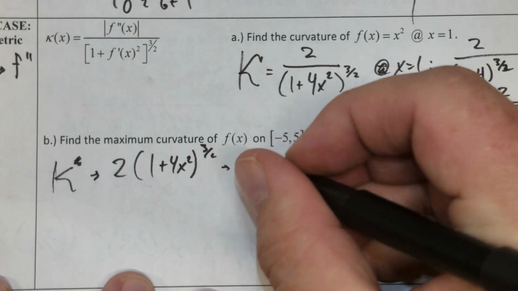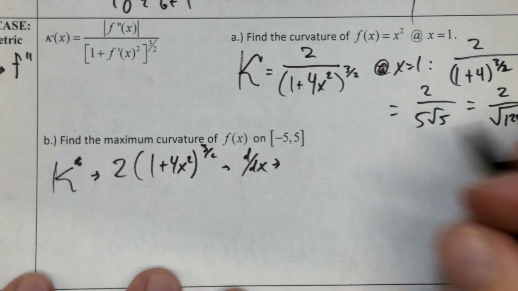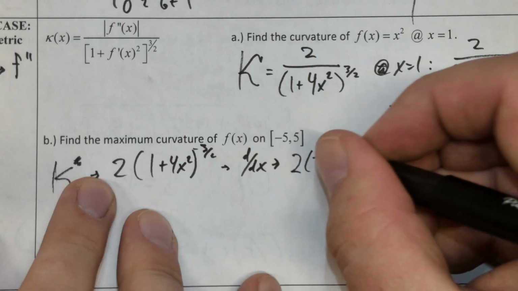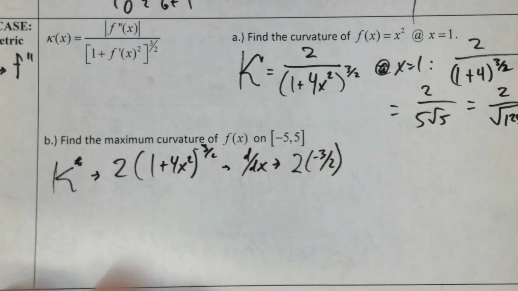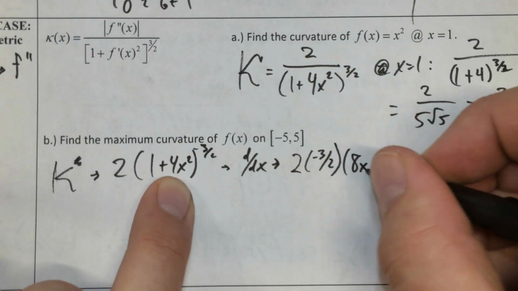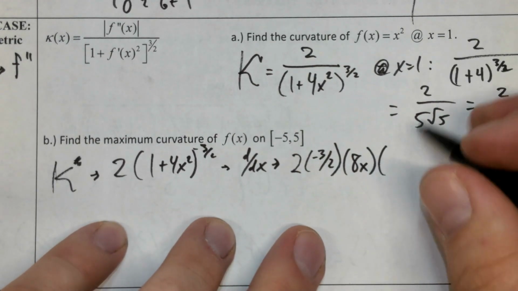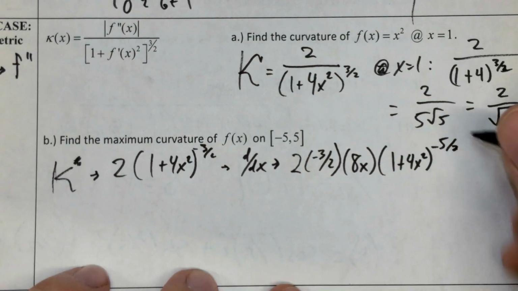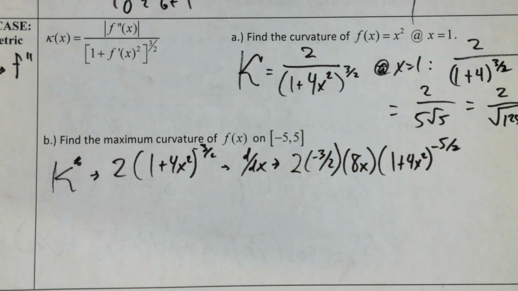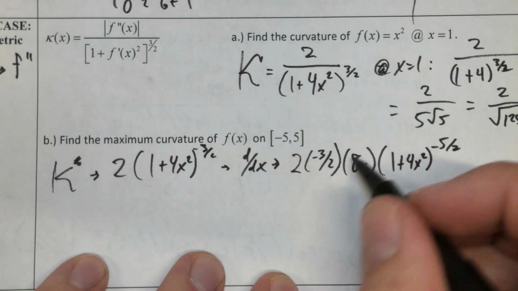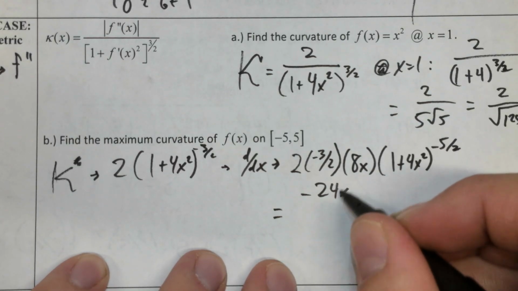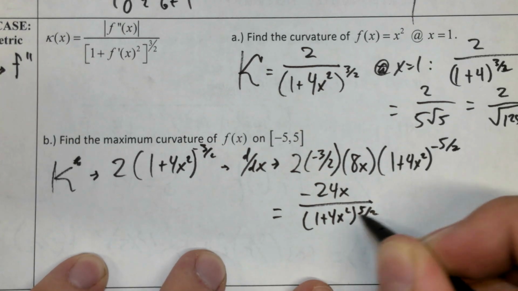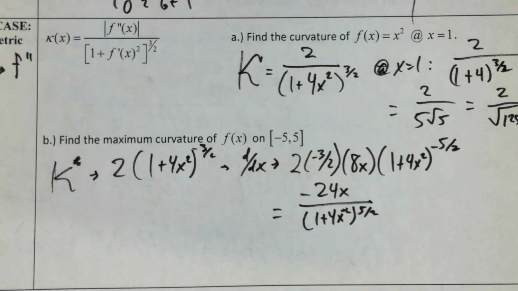When I go to d dx, this guy, I would get 2. I would have negative 3/2. I would chain rule an 8x. And then I would just tick down that denominator, minus 1, negative 5/2. Whew! Now that is a nice function. When I simplify this thing out, I get negative 24x over 1 plus 4x squared to the 5/2 power. How beautiful.